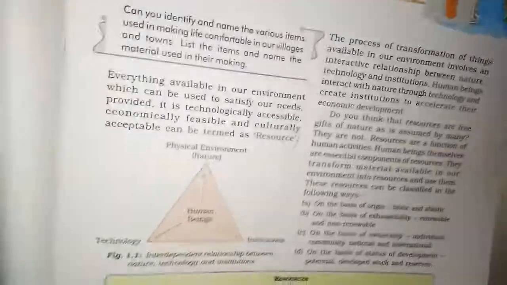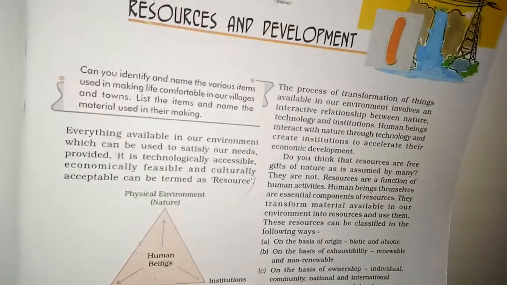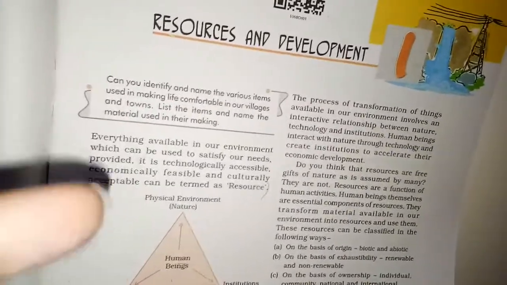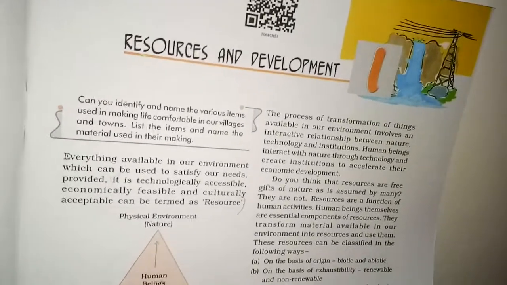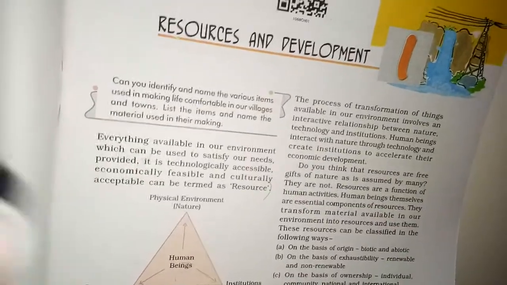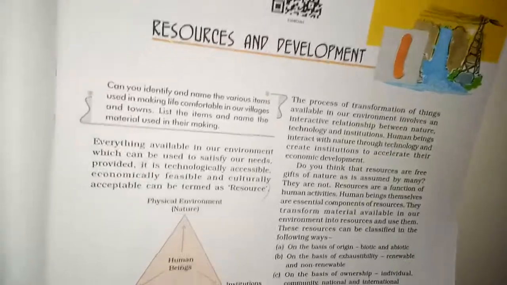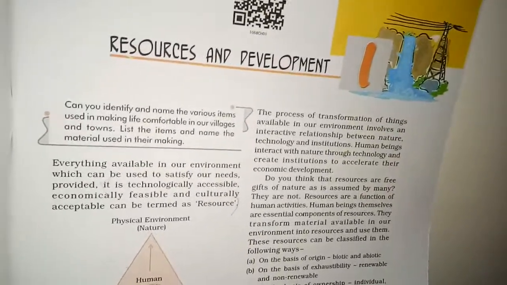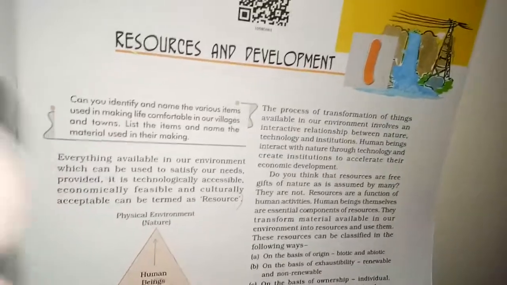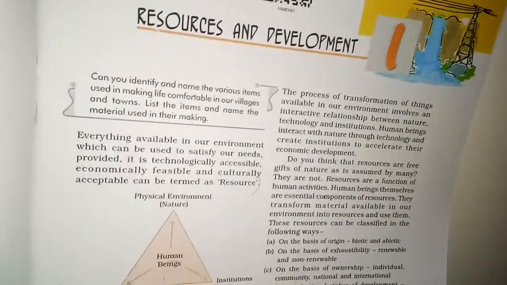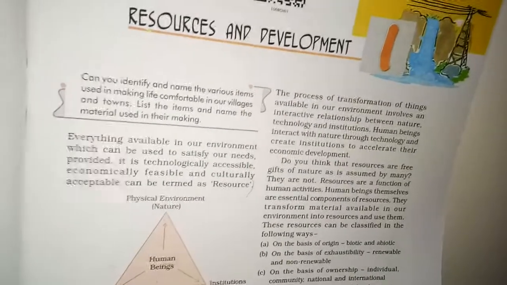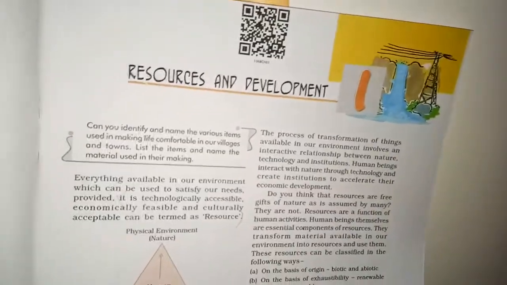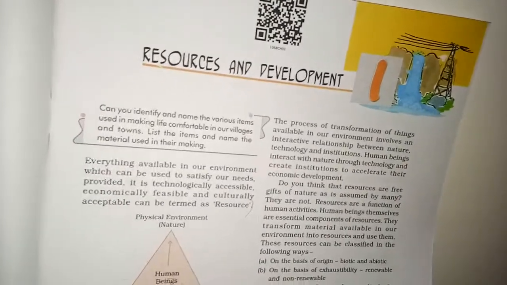If human resources were not skilled and knowledgeable, they would not have come to know that with water we can develop a kind of electricity, that is hydroelectricity. So human resources are resources that can transform material available in the environment and make use of those items to make everyone's life easier.